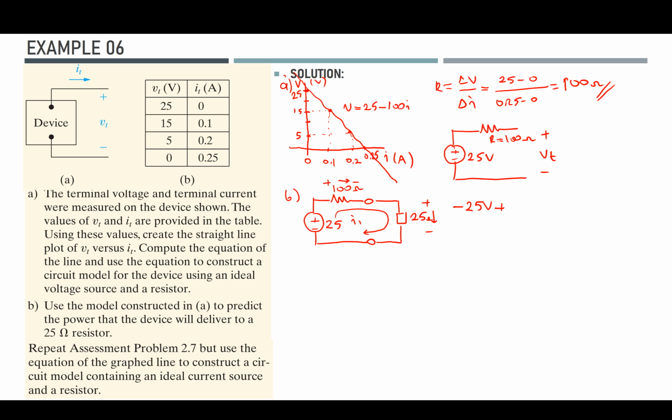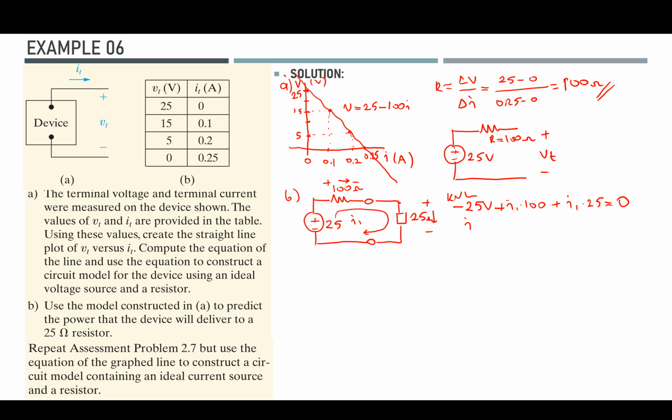I know that it's going to be I1 times 100 ohms plus the same current I1 times 25 ohms. This should make 0. I'm writing the KVL. The reason is that the current has to be the same. There is no other path that the current can flow, so you can write the KCL at this node, but it's going to be unnecessary. We can see it directly.